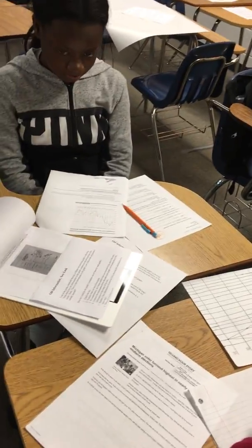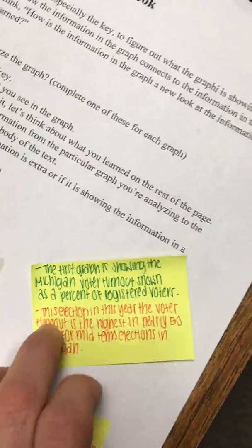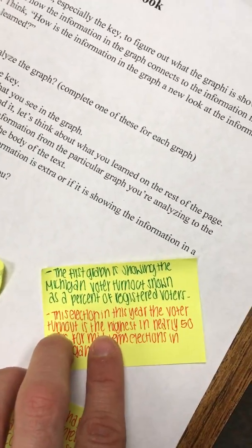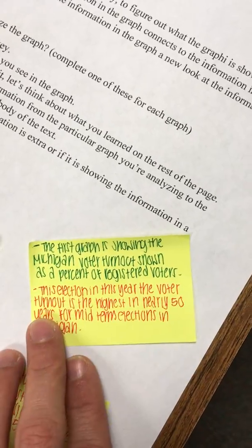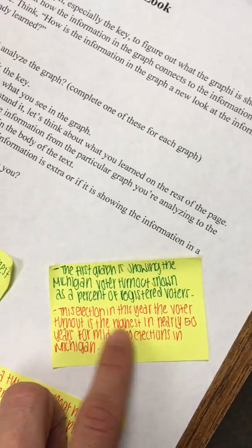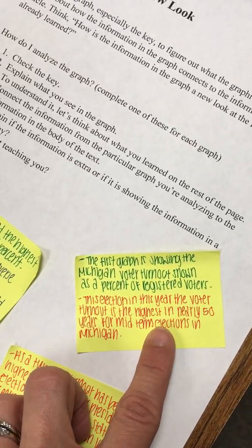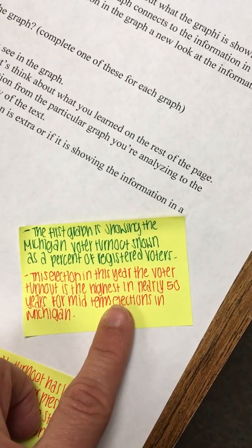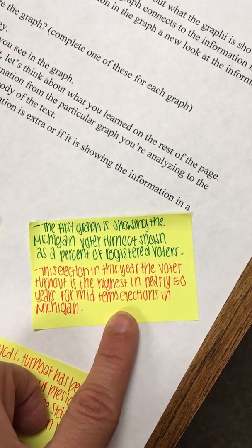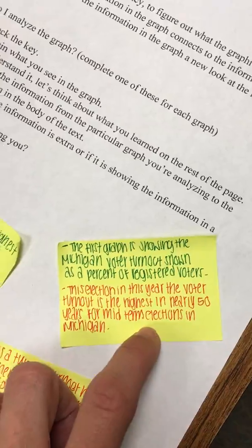Okay, I'll come back around and watch you in action in a minute. But I see that while reading you were annotating on these little sticky notes. You already said the first graph is showing Michigan voter turnout as a percentage of registered voters. Is this your summary of what's happening in the graph? Yeah. So it says in this year, the voter turnout is the highest in nearly 50 years for midterm elections in Michigan.